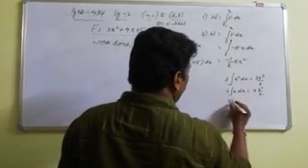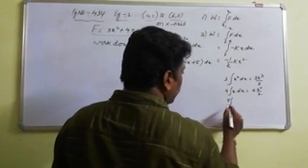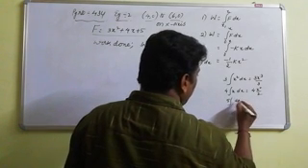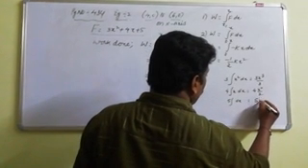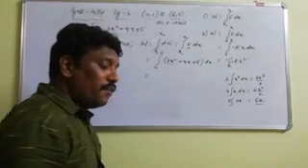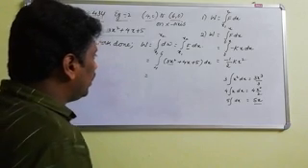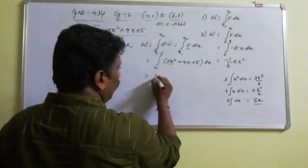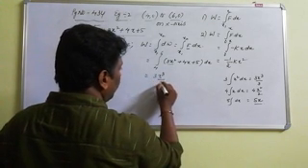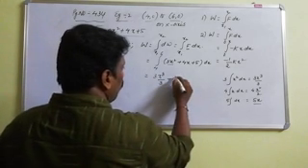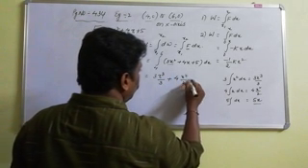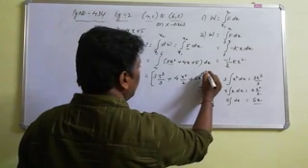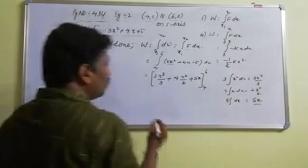So 5 is a constant, and the integral of dx is equal to x, so you get 5x. So if you understand this, you now get 3x cube by 3 plus 4x square by 2 plus 5x, with the limits 4 to 6.